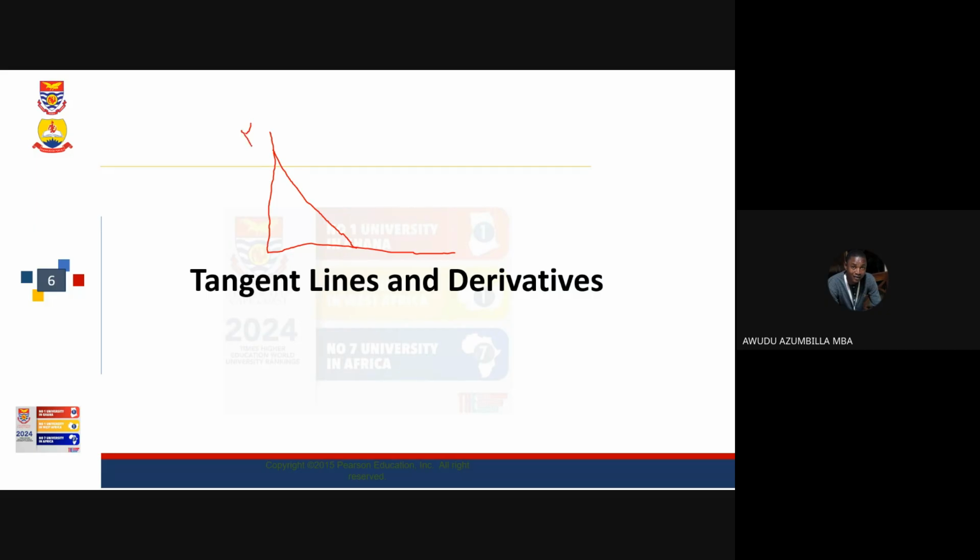This is y, this is x. If you are finding the slope of this line, you can simply look for two coordinates. So x1, x2, y1, y2.